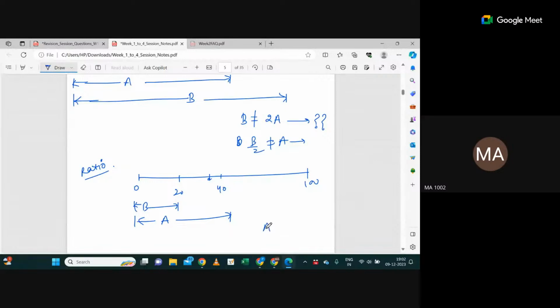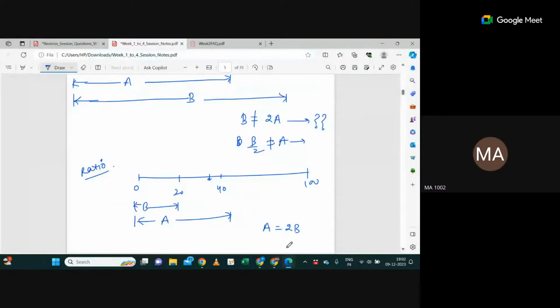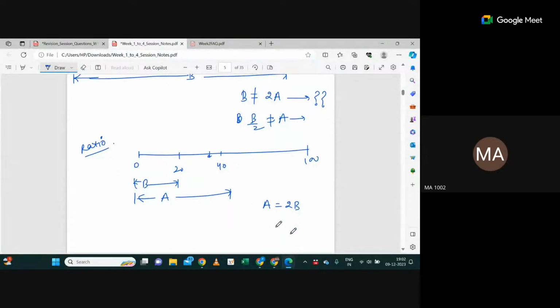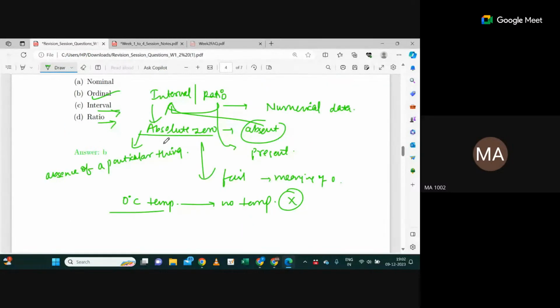Can I say A got 2 times the marks of B, or that the marks of B are half of A? Yes or no? Basically, we can say this because there is absolute zero property, so the values cannot go below 0. So keep in mind this absolute zero property. Is this clear?